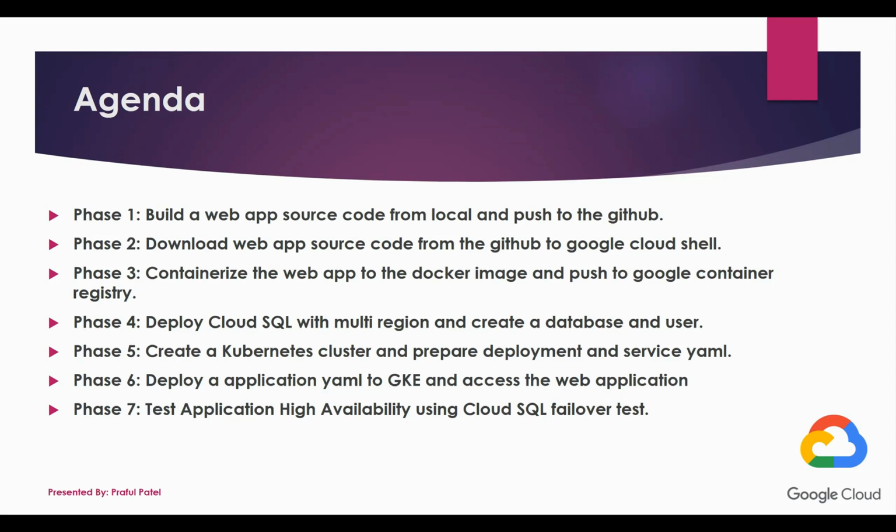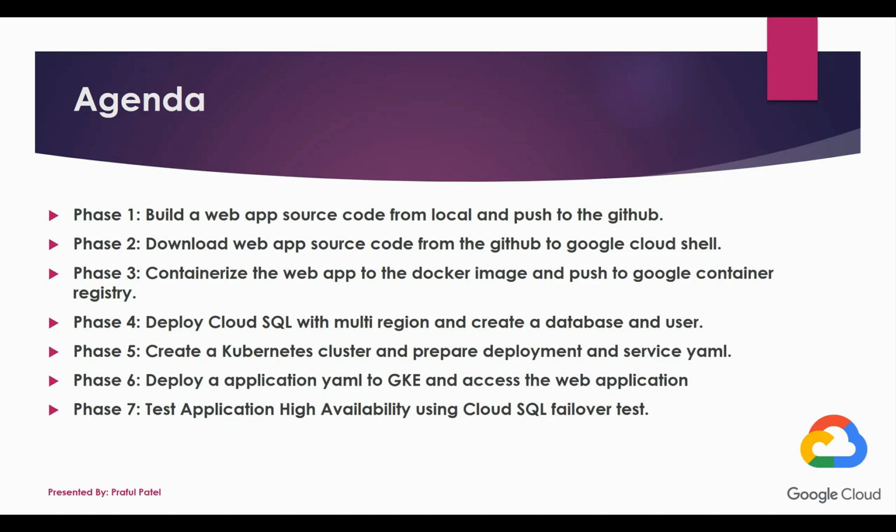In phase 4, we will be deploying a Google Cloud SQL database, MySQL, with multi-region, in order to establish the connection. Phase 5, we have to deploy the Kubernetes cluster, with the deployment and service YAML, so that our application will be up on the Google Kubernetes cluster.